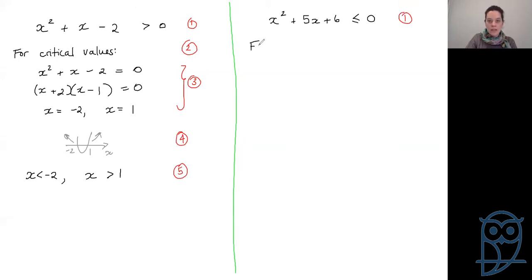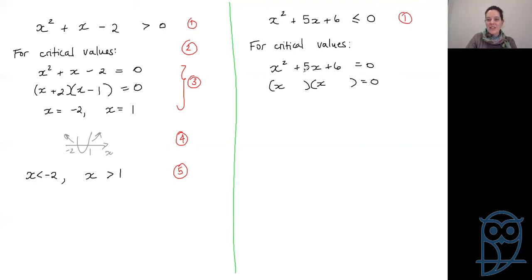So, same second step for critical values. Change to 0. Factorize. We're not ever going to use a formula if we can factorize.